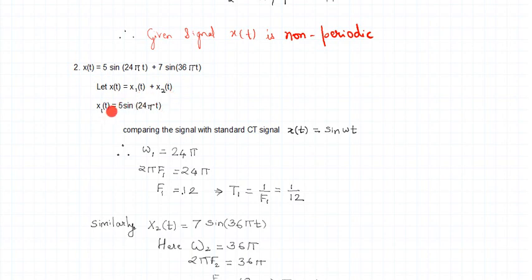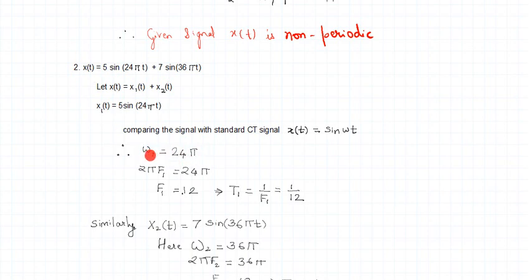So x1(t) is the first term, 5 sine of 24 pi t. I compare this given signal with the standard CT signal x(t) equal to sine of omega t. So omega turns out to be 24 pi. My first frequency omega 1 is 24 pi.